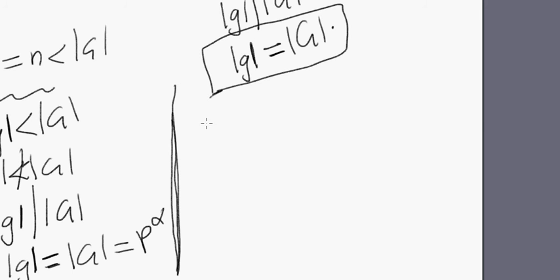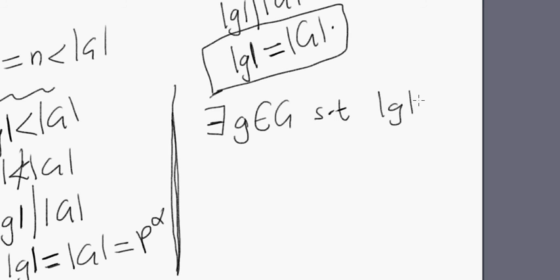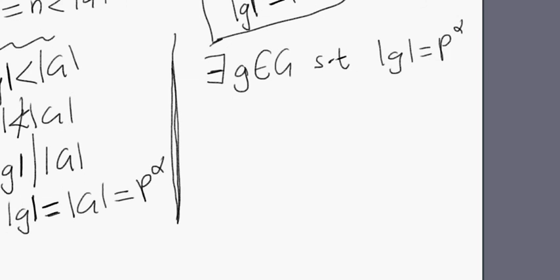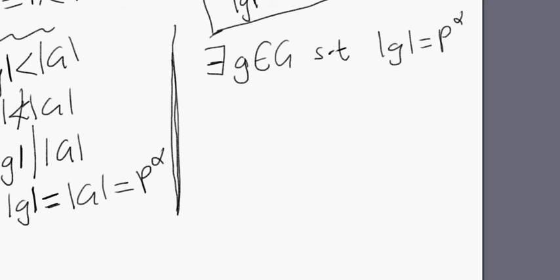Would that mean that there exists some element g in G, some element of the group, such that the order of g equals the order of the group, p to the alpha? Is that true? If there exists an element little g in G such that the order of g equals p to the alpha, what can we conclude from here?